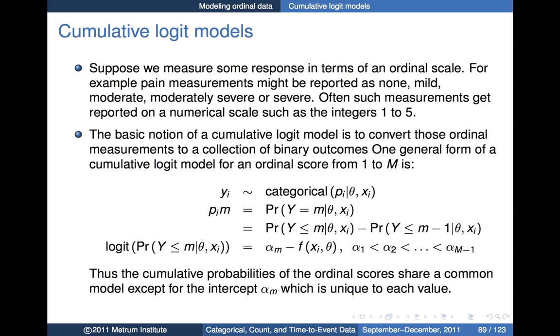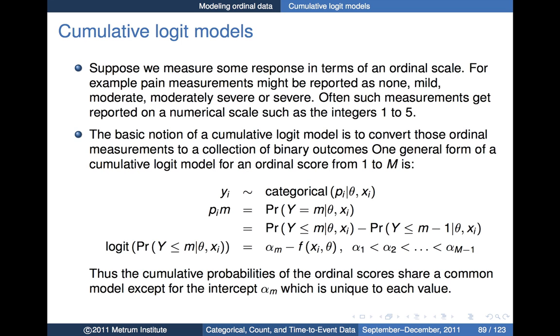And that's the kind of data we're going to be modeling. The approach we're going to be using for the most part is what you see here, what are termed cumulative logit models. The basic notion behind the cumulative logit model is we really convert these ordinal measurements into a collection of binary outcomes.